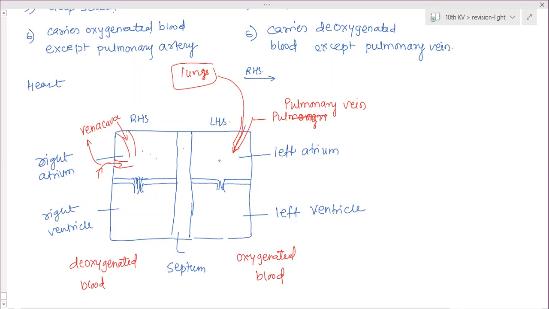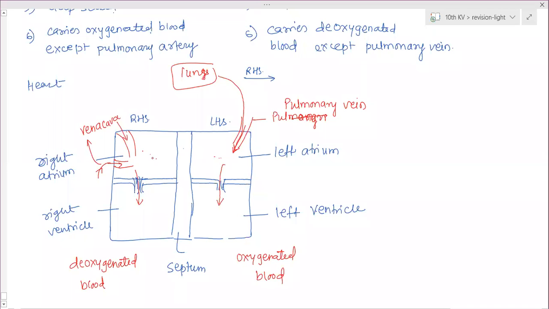When both atria contract, they apply pressure on the walls and the blood enters the ventricles: deoxygenated blood on one side, oxygenated blood on the other. When the atria contract, the ventricles relax. At the time of receiving blood, the chambers are relaxing. When they have to give out the blood, they contract, because they have to press the blood out.